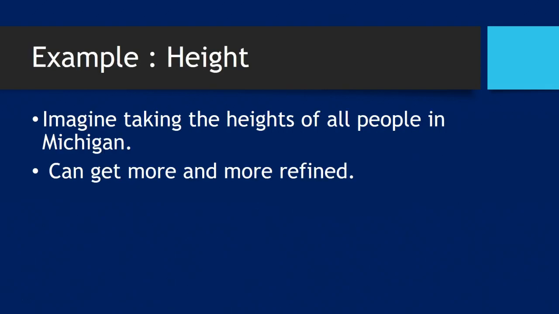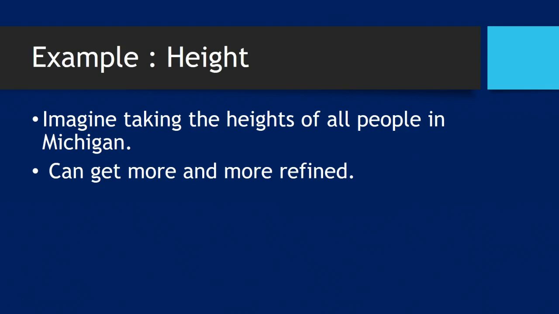So imagine taking the heights of everybody in Michigan. Now we know the variable height is a continuous variable. So we could have heights which our categories could be like anything between 5'6" and 5'7", and then anything from 5'7" to 5'8", and so on and so forth.